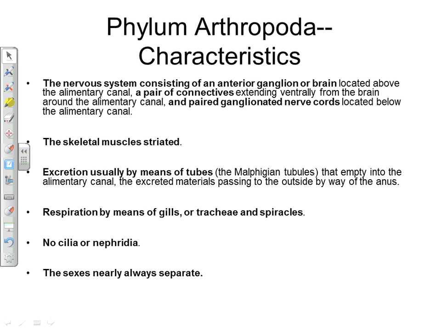Anterior means what? Front. Head area in most animals. Front. They have a couple of paired nerve cords that run near their alimentary canal, their digestive tract. They have these structures called Malpighian tubules, which are sort of like your kidneys. You get rid of waste out of the blood.